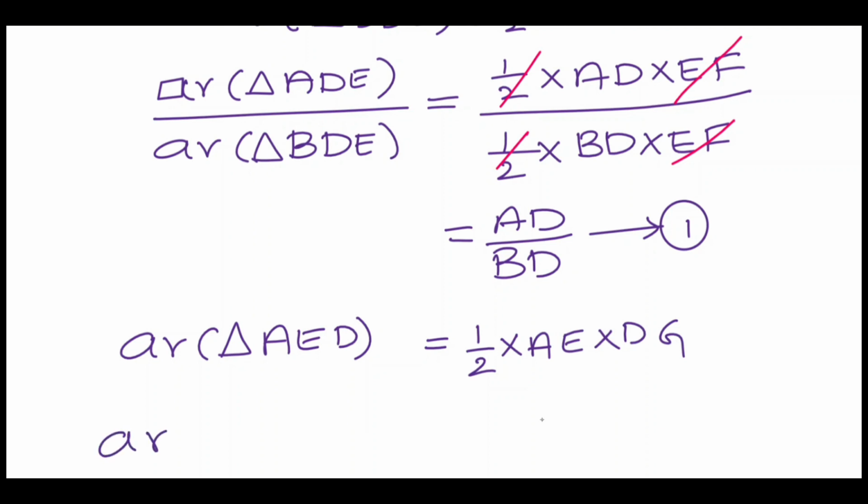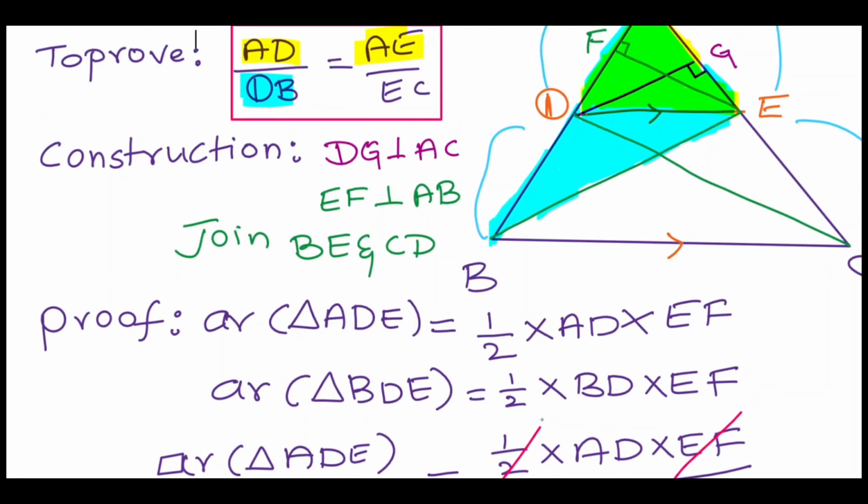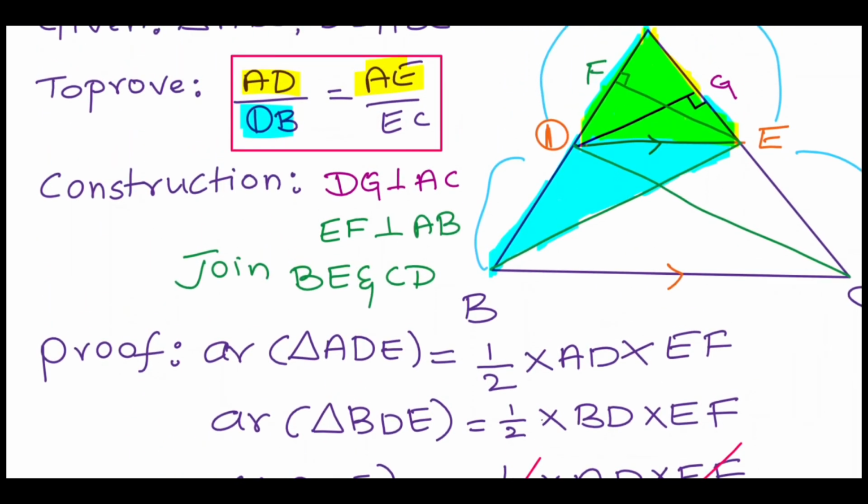Similarly, for the other triangle we require AE by EC. So now EC is the base. If EC is the base, which triangle do we get? Triangle CED. It is also an obtuse angle triangle, so we need to extend the side and draw the perpendicular.